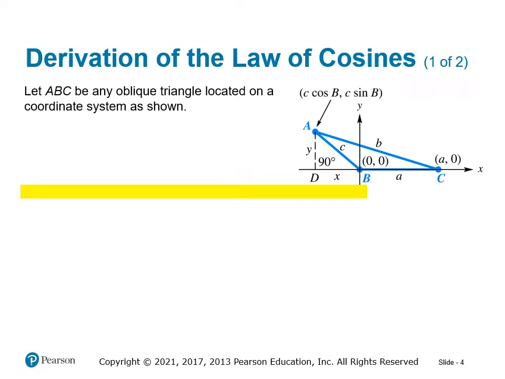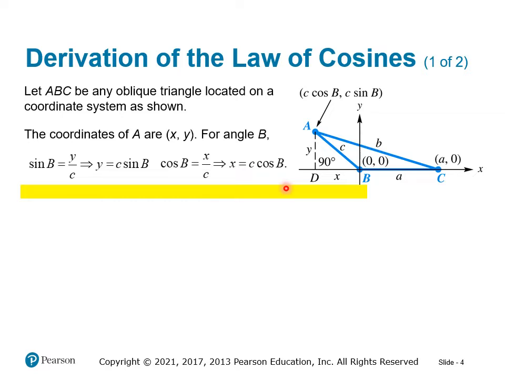So let's think about a triangle ABC, which is an oblique triangle located on an XY coordinate system, as we see here. The coordinates of A are x and y, as we can see here. It could be probably negative x, y.